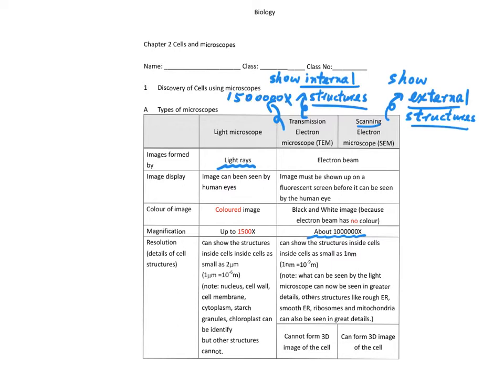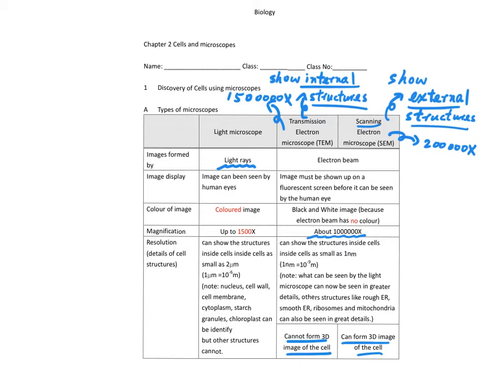Most scanning electron microscopes have a magnification of around 200,000 times. So, the transmission electron microscope shows internal structure and cannot form 3D images of a cell. The scanning electron microscope shows external structures, therefore it can form 3D images of a cell.